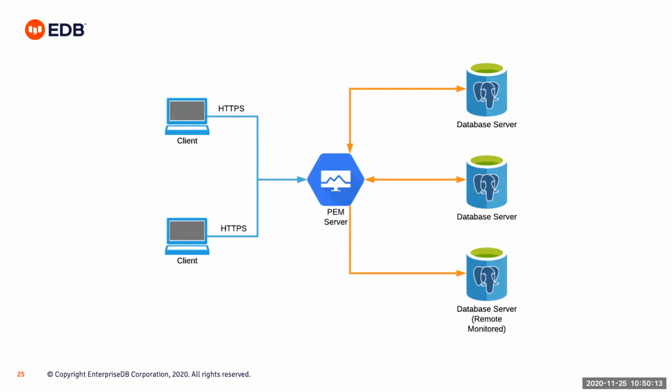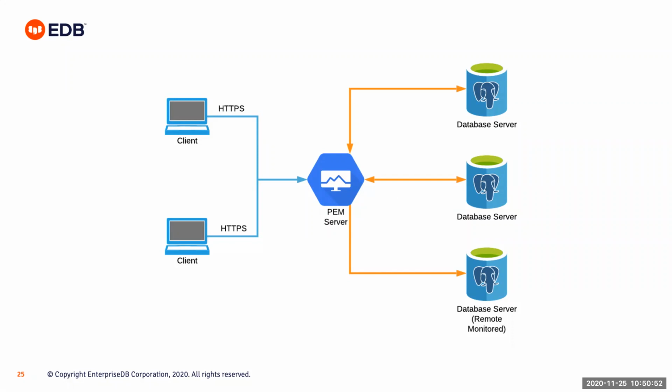So on database servers that are not remote monitored, there is an agent running here, and that one would be responsible for gathering the metrics and updating the PEM server database with the information. In the remote monitored case, there is no agent running. So the PEM server is gathering some of the metrics, the ones that are available.